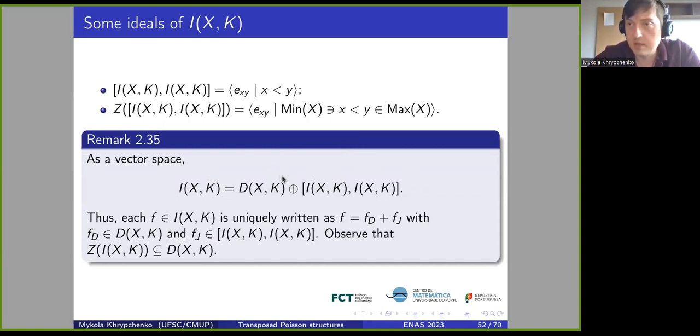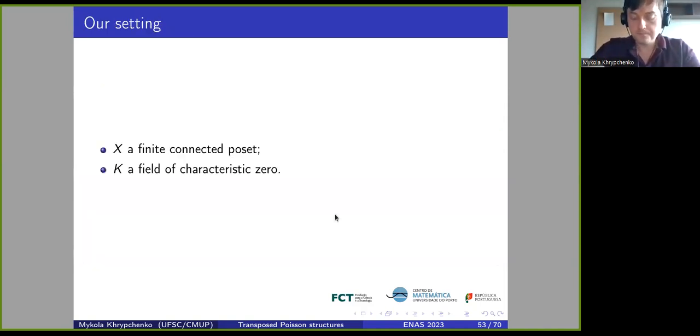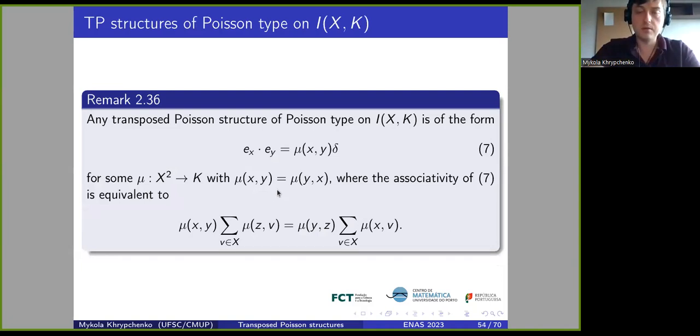So the diagonal subalgebra is a complement of the square, and we can see that the center is inside this complement. So we are in one of the cases that were considered at the beginning of the talk, where we can describe the Poisson type structures in an easy way, just extending some product on some subspace. Our setting is finite connected posets and fields of characteristic 0.